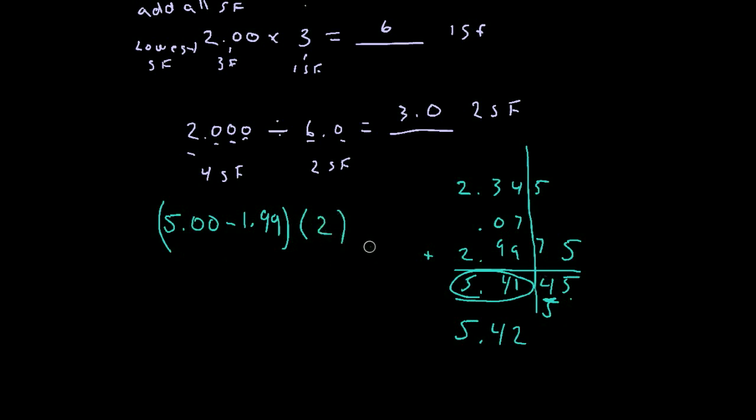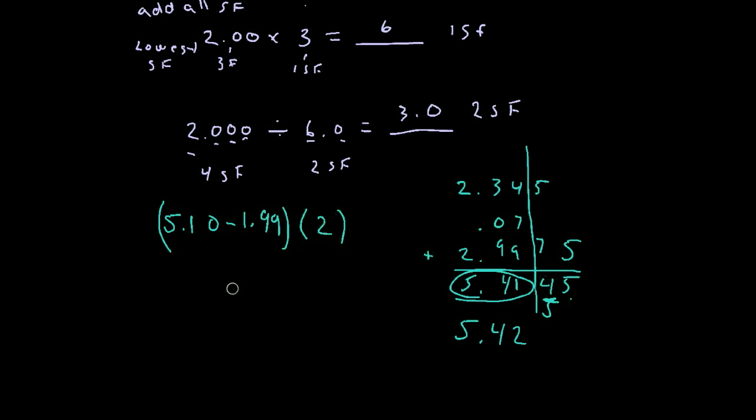All right, so we've got both addition and subtraction and multiplication in our problem here. So how are we going to solve for this? Let me make it a little bit crazier. Let's say 5.10 minus 1.99 times 2.